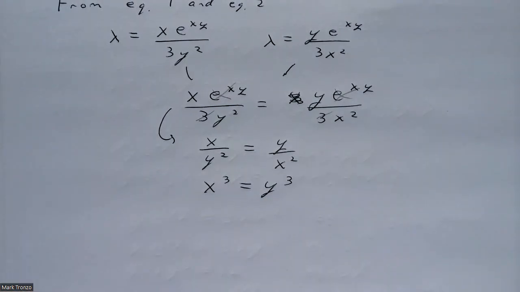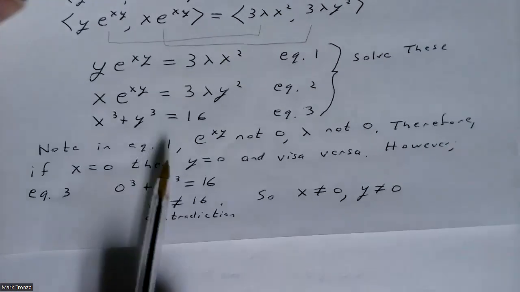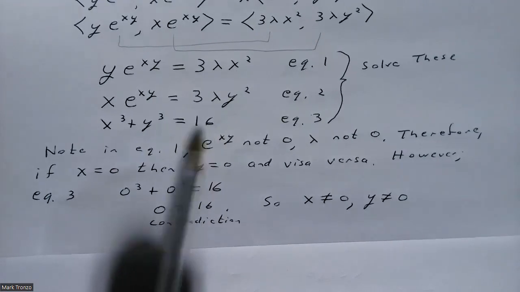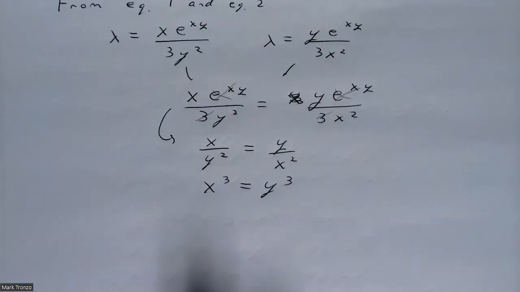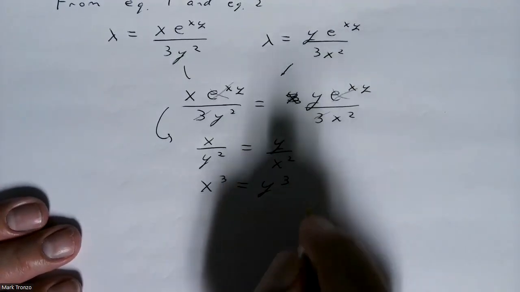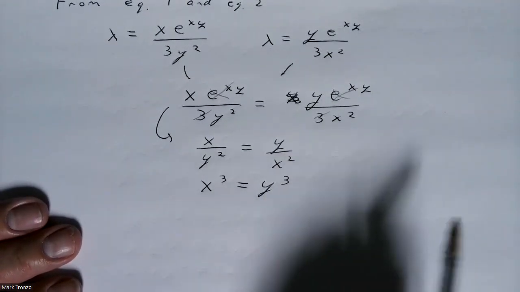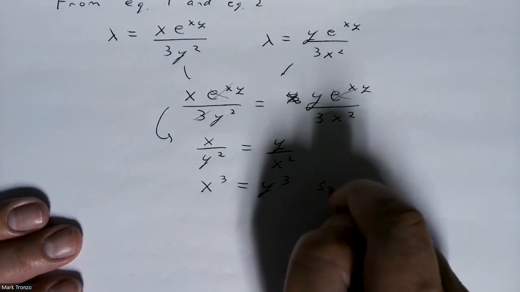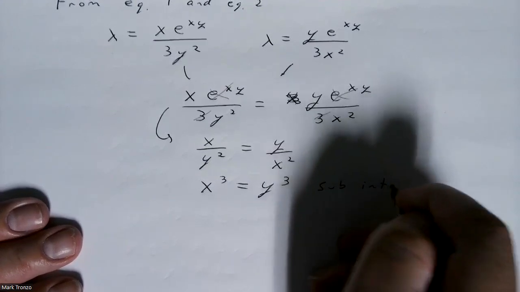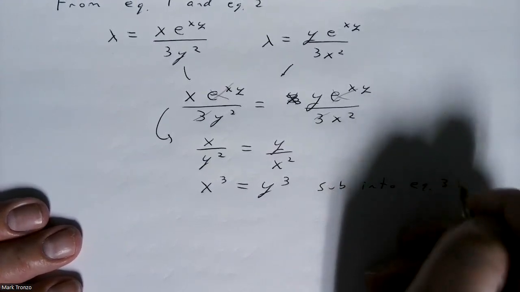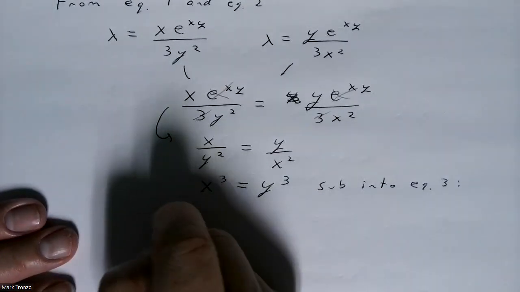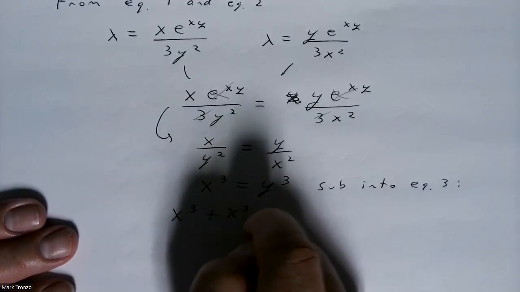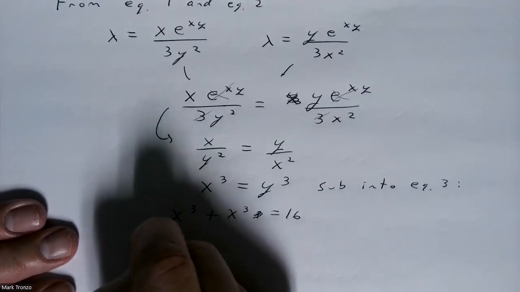Now notice what our third equation was. It was exactly x cubed plus y cubed is 16. So we can substitute into that equation. And you can do it in either direction. I'll replace y cubed. So sub into equation 3, and that's going to give us x cubed plus x cubed equals 16.